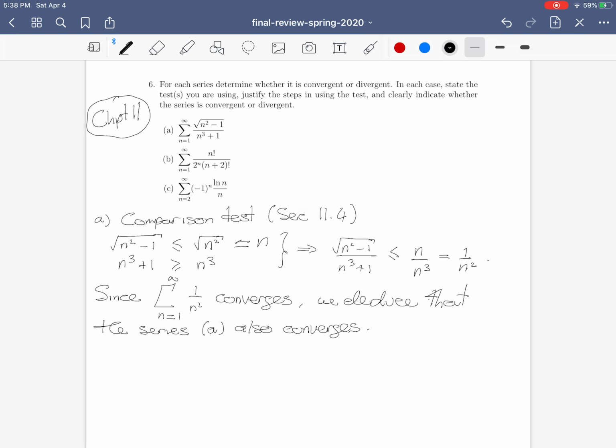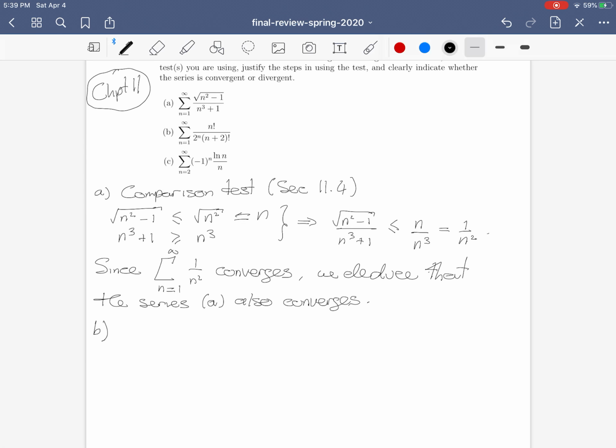Remember, the comparison test says that if you have a series of non-negative terms, and they're bounded above by another set of terms for which the corresponding series converges, then the original series must converge as well. Okay, so that was using the comparison test.